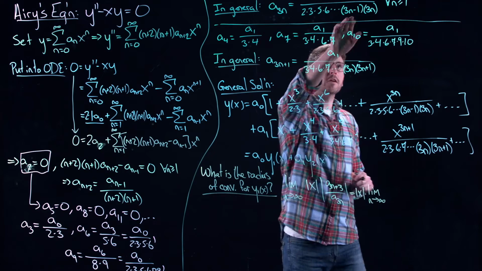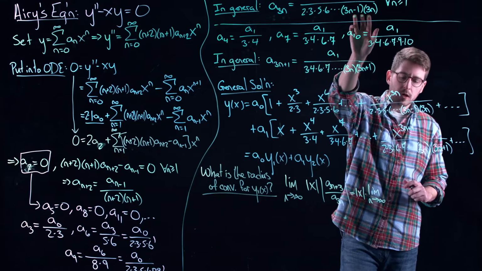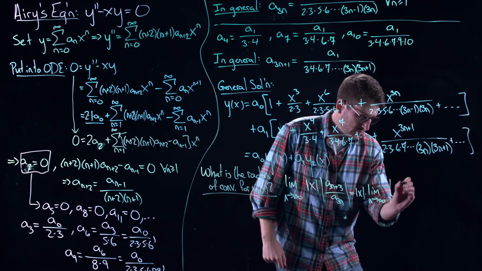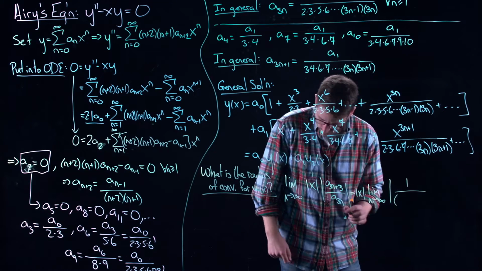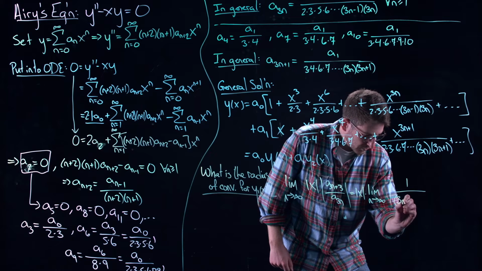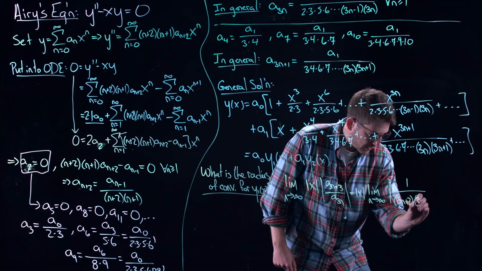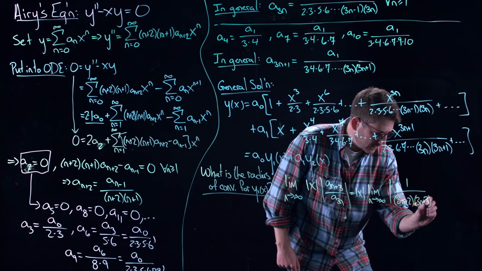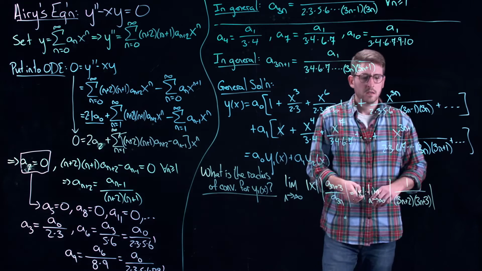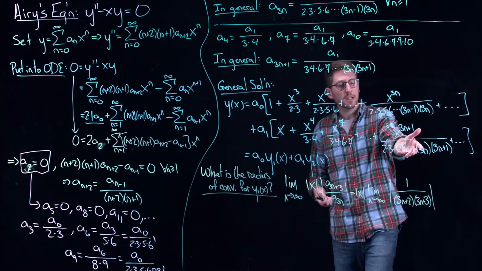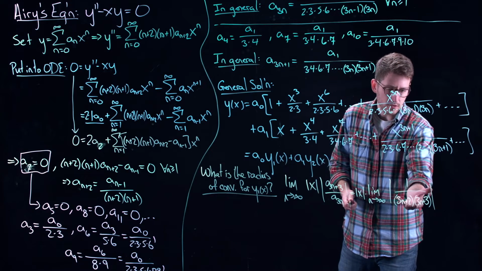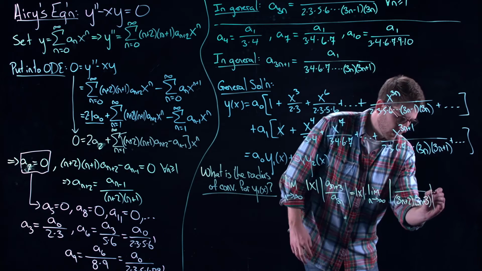Now, the only difference is the extra term that's being multiplied in here. Once you simplify that out, you're going to get 3n plus 2 times 3n plus 3, all in the denominator. Now, taking n to infinity here is an easy thing to do because it's just going to sink this fraction to 0.